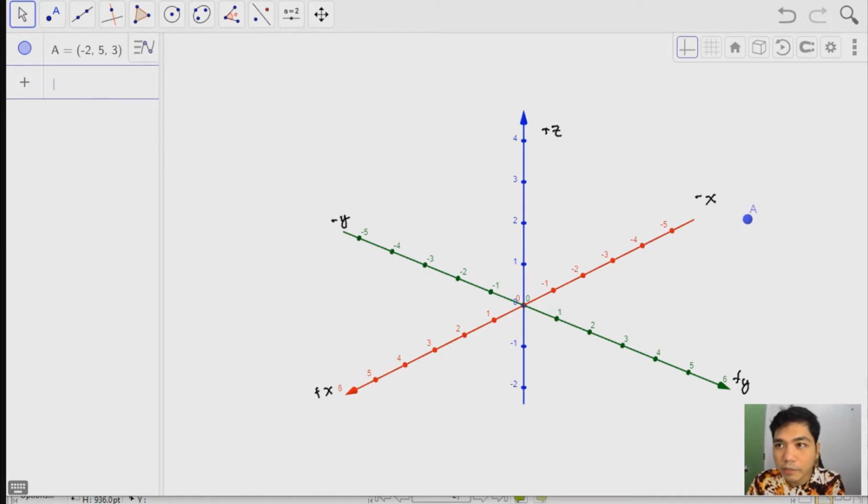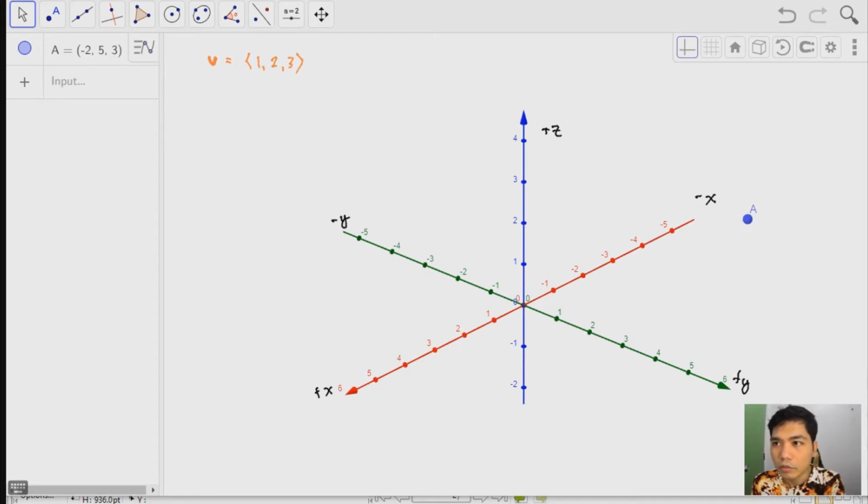Basically, our representation of a vector is a bold small letter. So for example, I want to represent the vector v as this one. So that is vector v, and then you just put this symbol, the angle bracket. Let's say it's 1, 2, 3. So the vector components are 1, 2, 3.